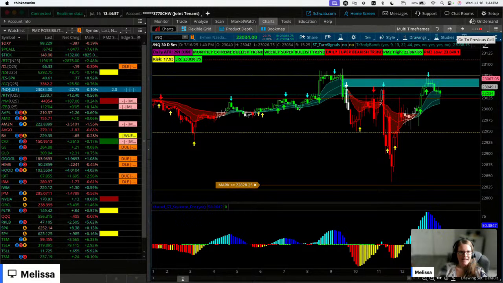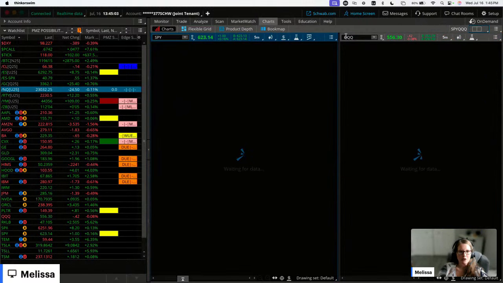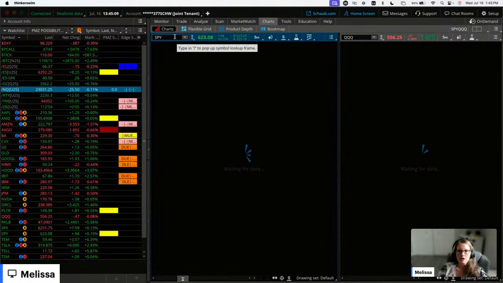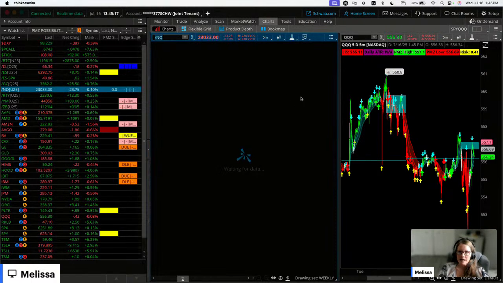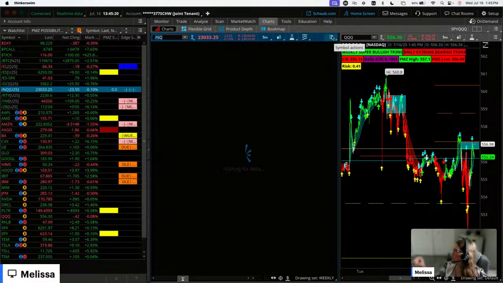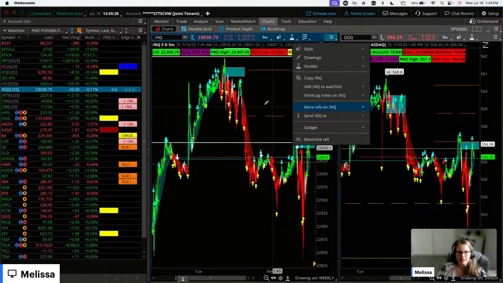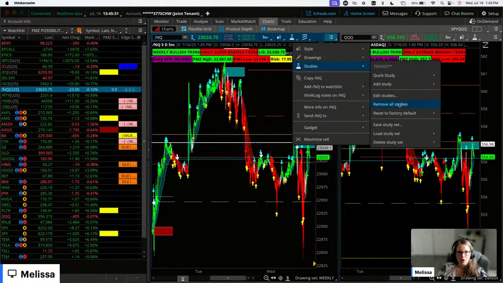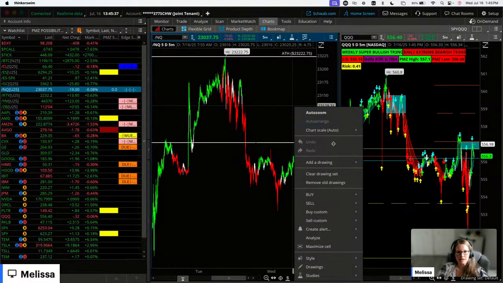So, just so that I have a clean chart, I'm going to remove the drawings and all of my indicators off of this chart so that we're just looking at candlesticks, because I think it's easier to see the concept if we're just looking at candlesticks. All right, let me do that real quick. I'm going to remove all studies from this chart of the NQ.